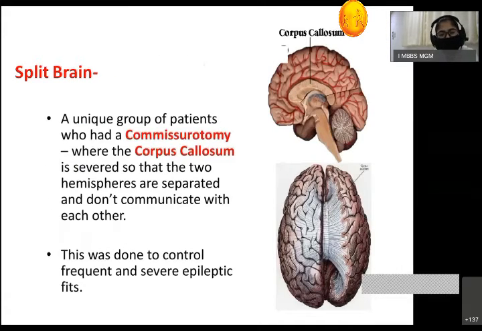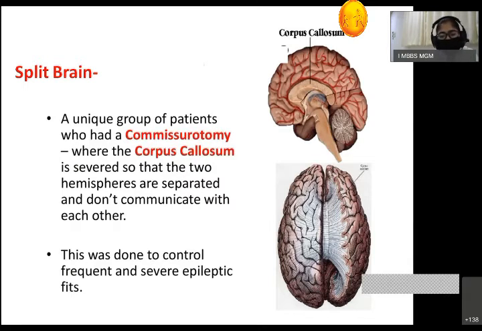Now, split brain. This is seen in a unique group of patients, the split brain patients. They had a commissurotomy, where the corpus callosum is cut or severed so that the two hemispheres are separated and don't communicate with each other.